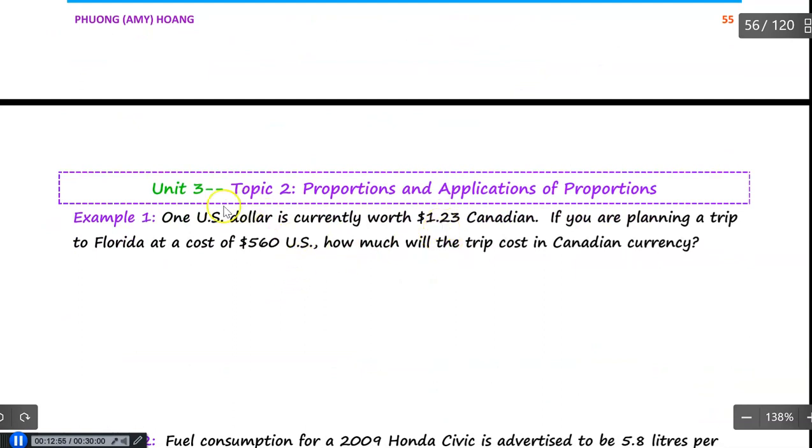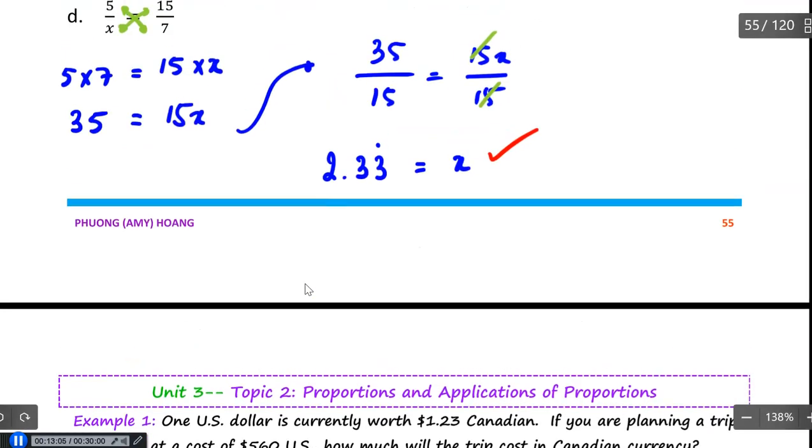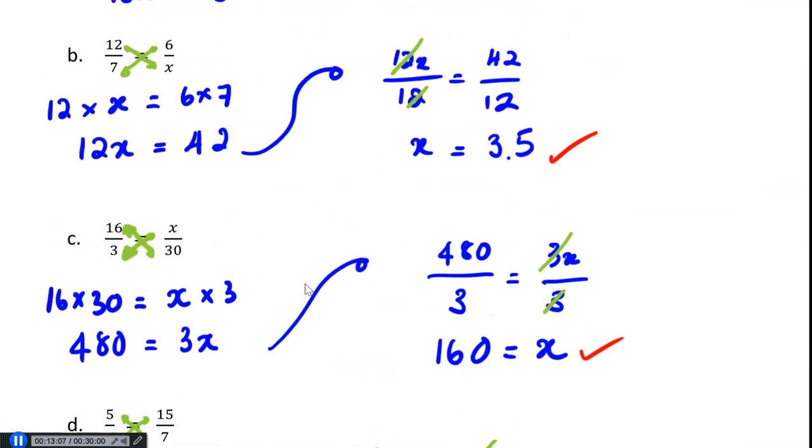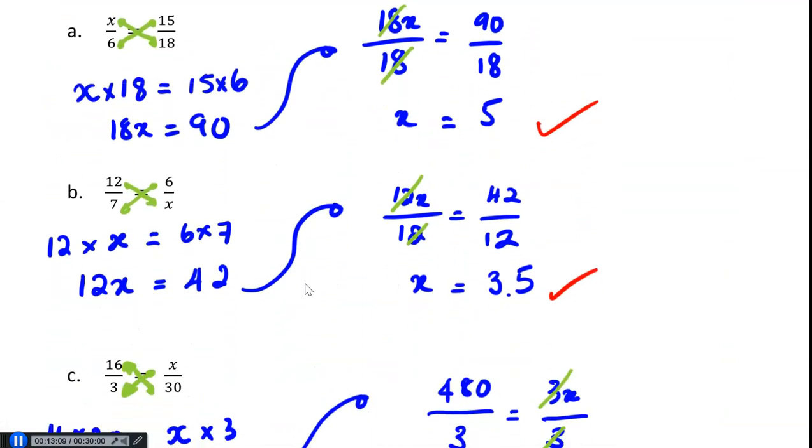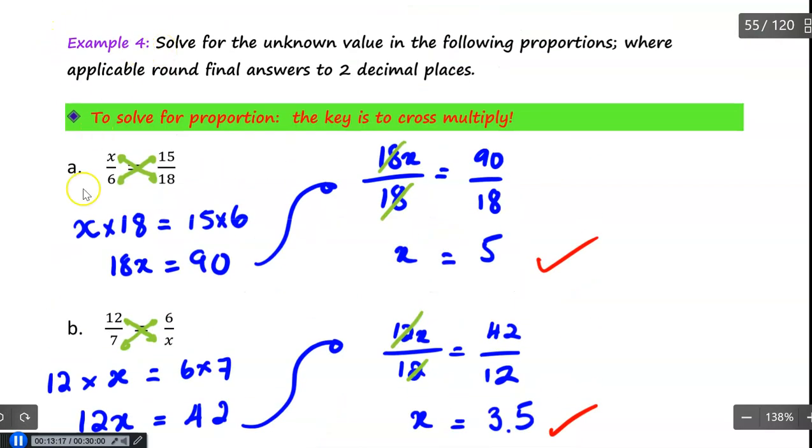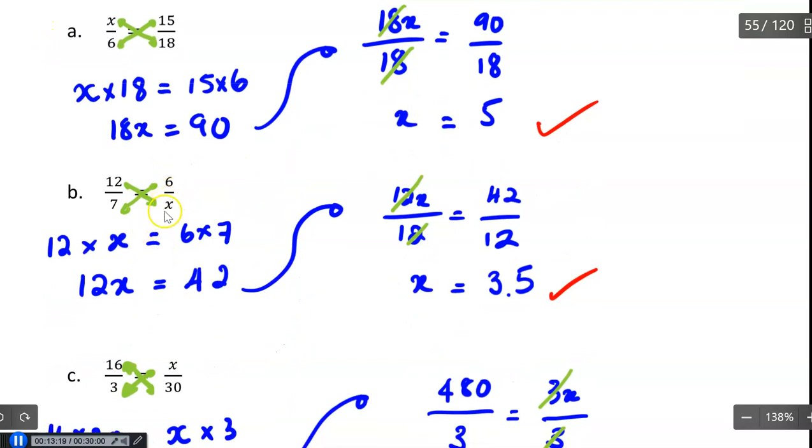Okay, so I would like to show everyone a trick on how to set up this proportion. Before I get to this, I would like everyone to take a look at this one more time. You see the x is the numerator in example a. Now the x is the denominator in example b.